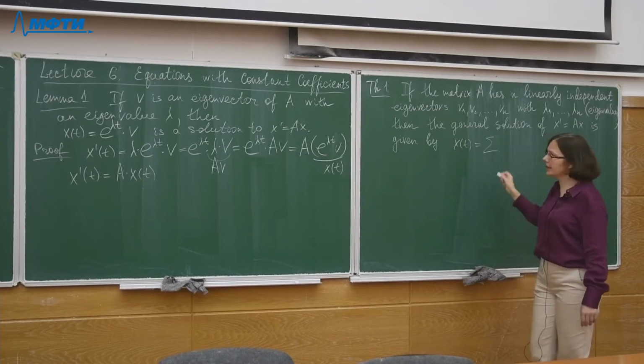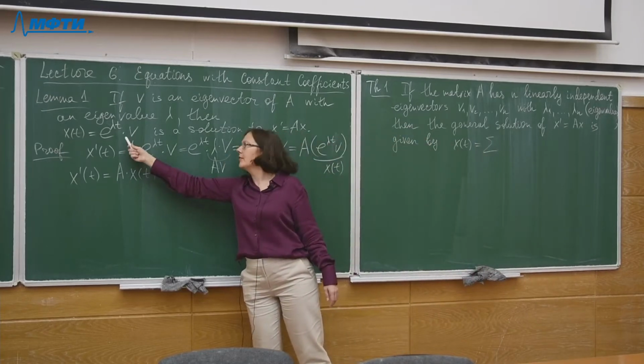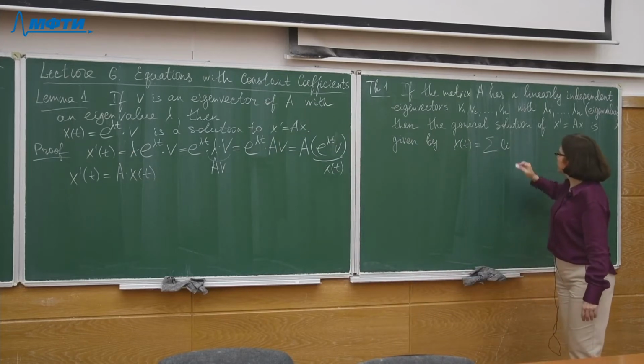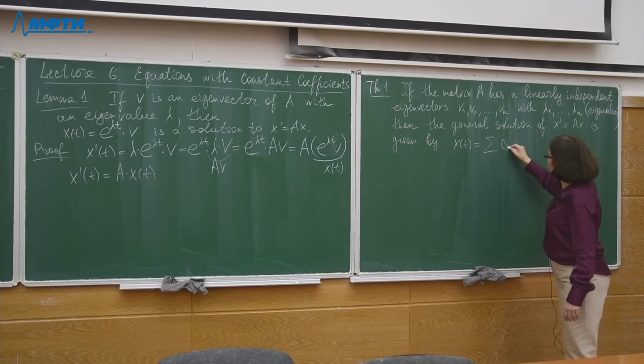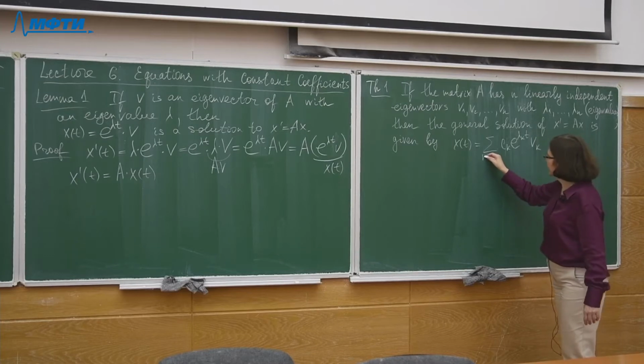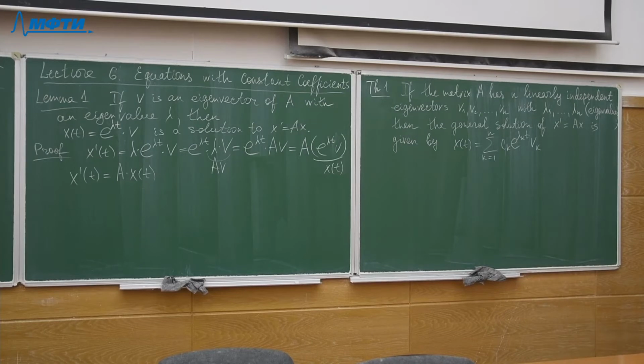This is a linear combination of the vectors of this form. It is the linear combination of c_k e to the power lambda_k t v_k, where k runs from 1 to n. So this is the general solution of this differential equation.